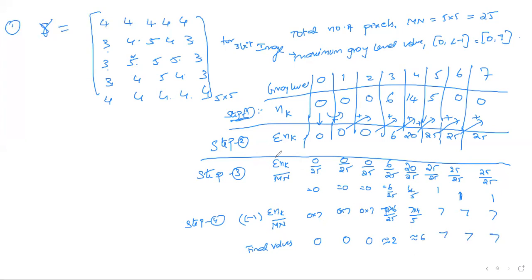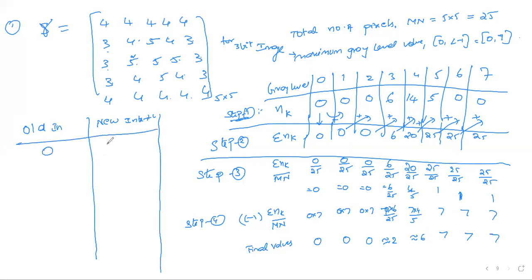Okay, so what are the new intensity values? Old intensity and new intensity: 0 is 0, 1 is 0, 2 is 0, 3 is 2 now.